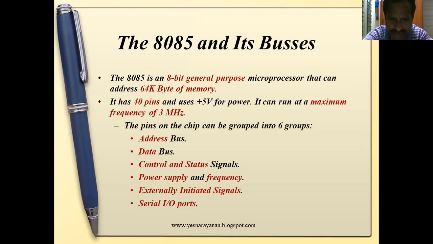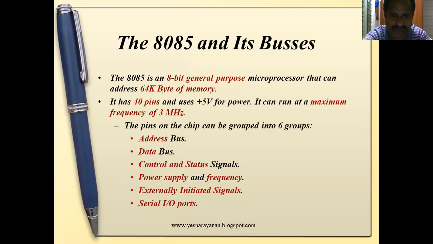The address bus carries address of the memory location, and the data bus carries data to be operated. In addition to these two, we require control and status signals.